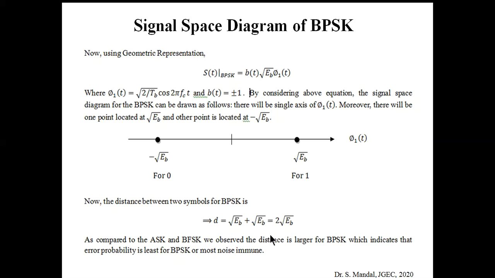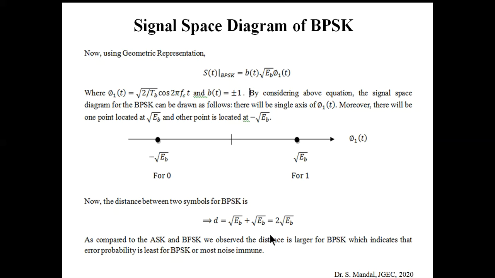So the distance between two symbols for BPSK is maximum. So from here we can conclude that the error probability is least compared to all other digital modulation techniques. That means it is the most noise immune digital modulation technique. That's why we have already told that it is a very efficient, or the most efficient, digital modulation technique over others.